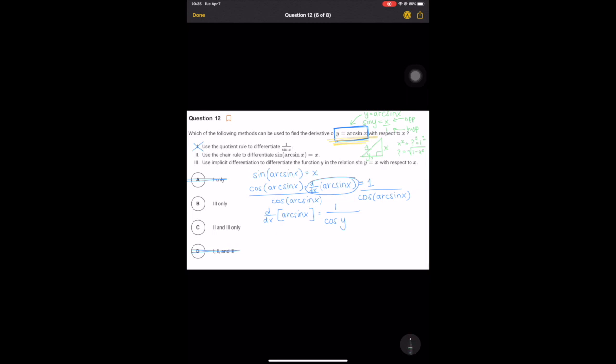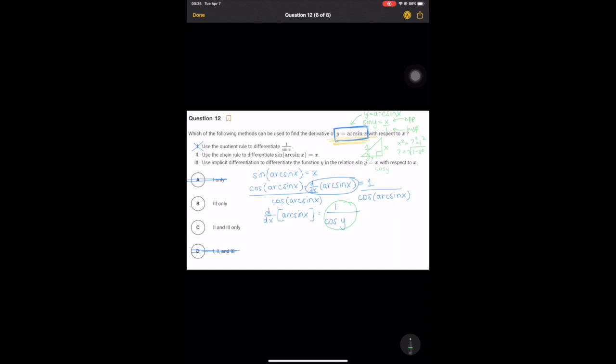Now remember, we already have an equation. We know that the derivative of arc sine is 1 over cosine y. The thing is that we don't want it in terms of y, right? We want to figure out what is cosine of y, but in terms of x. That's why we needed this little triangle up here.